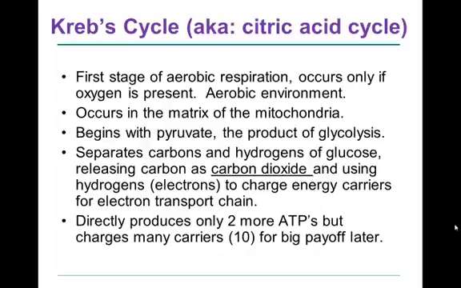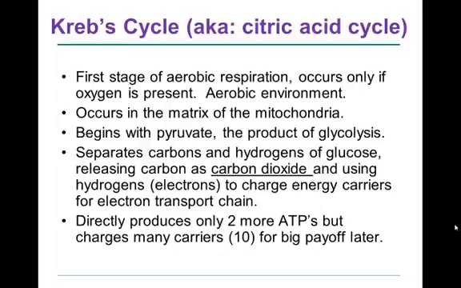Those carbon-hydrogen bonds are broken, and the hydrogens are stripped off, and the carbon is released as carbon dioxide. So this is why when you exhale in your breath, there's a higher concentration of carbon dioxide than when you inhale, because carbon dioxide is a waste from the Krebs cycle.